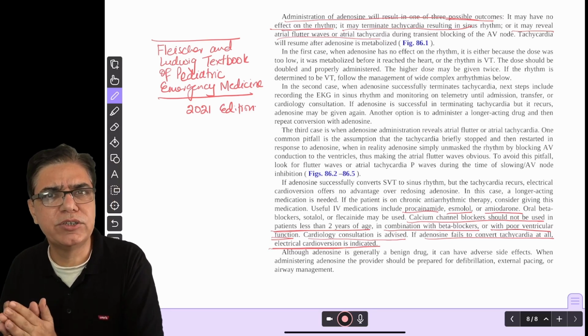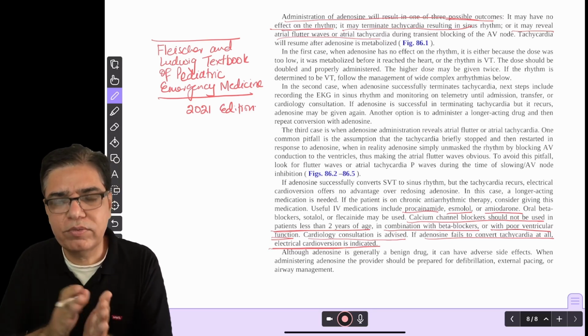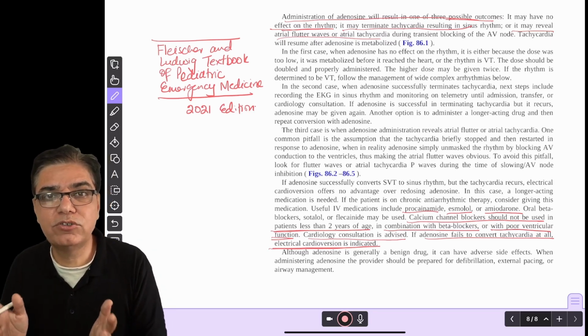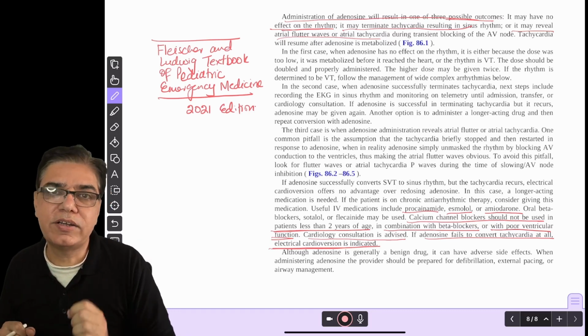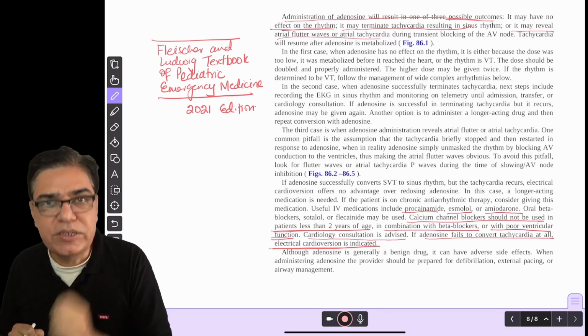It's a safe medication, especially if the child is known to have Wolff-Parkinson-White syndrome. Even if you don't know that there's underlying Wolff-Parkinson-White syndrome, but the narrow complex tachycardia is irregular, then it's better to use IV beta blockers rather than adenosine.